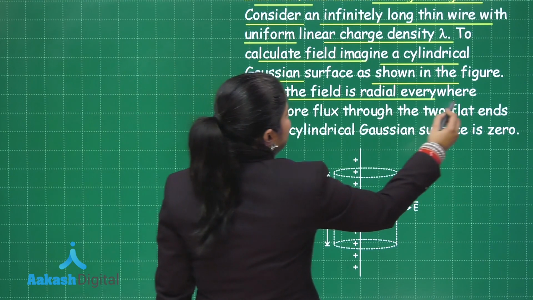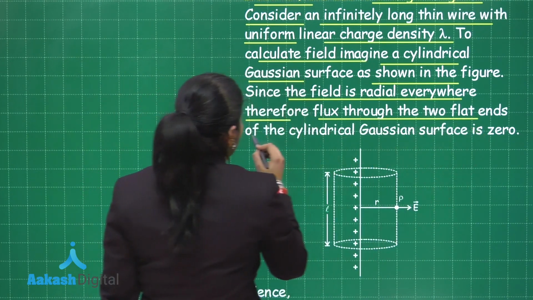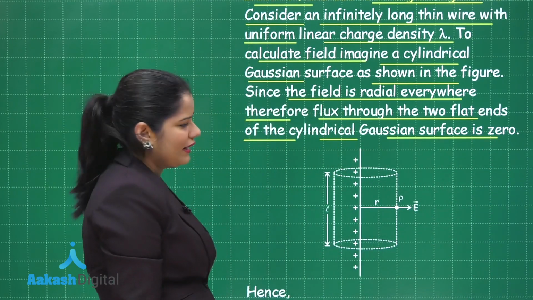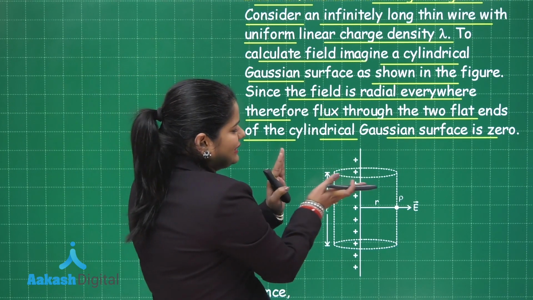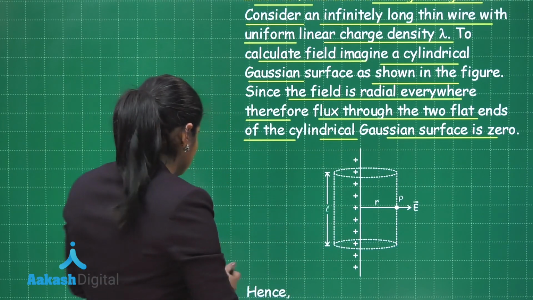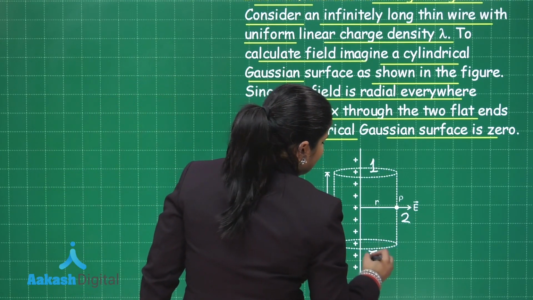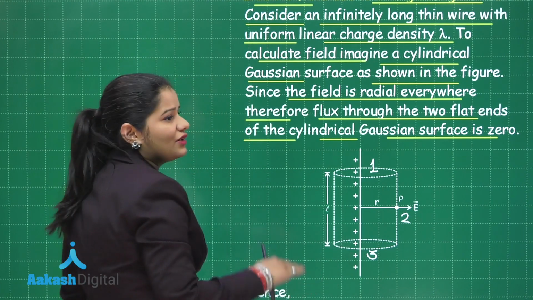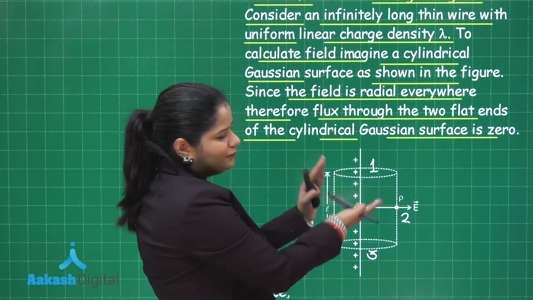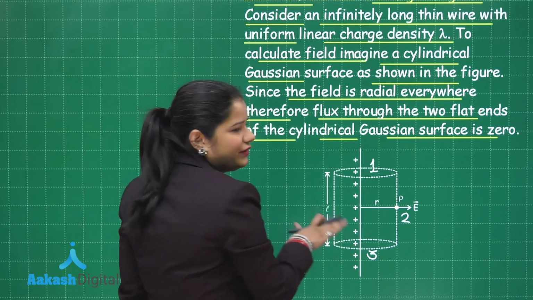Now since the field is radially outward everywhere, therefore flux through the 2 flat surfaces of the cylindrical Gaussian surface is 0. If I name these surfaces as surface 1, surface 2 and surface 3, these 2 flat surfaces are not going to contribute to the flux because the electric field is outward and the area vector is going to be perpendicular to these 2 flat surfaces.